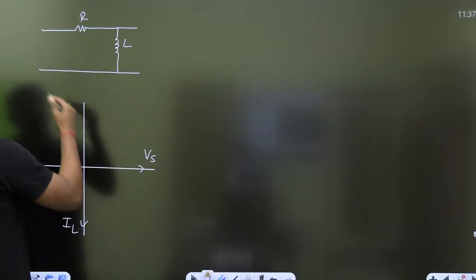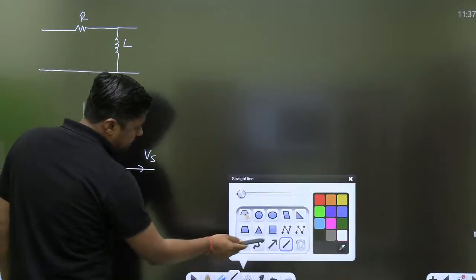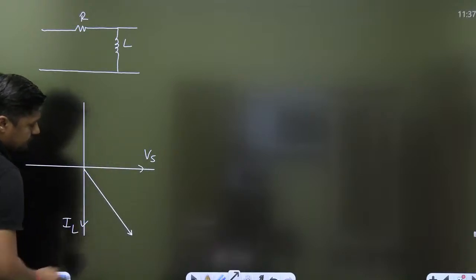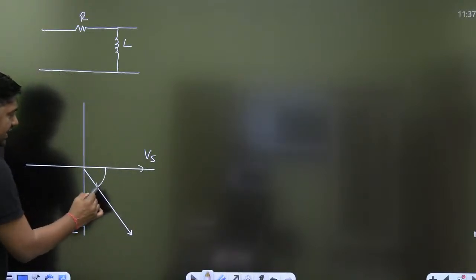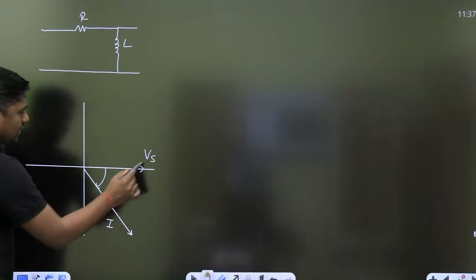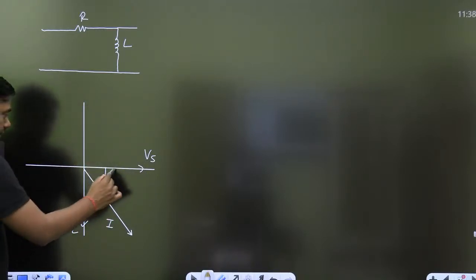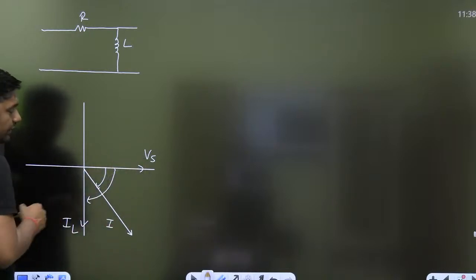If it is a highly inductive circuit, so almost 90 degree, or practically if you are considering the value of R, then that will be the case, my dear friends, and that is the lagging angle. This is the current and that is the voltage for RL circuit. Highly inductive means the angle will become minus 90 degree. Current lags the voltage. Okay.